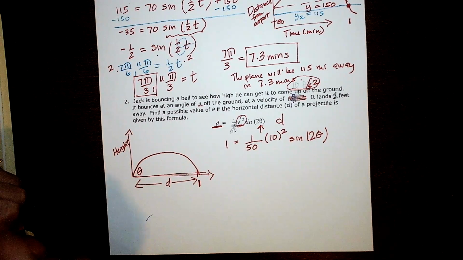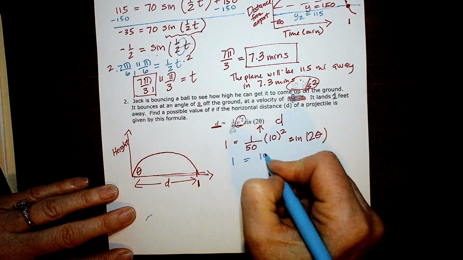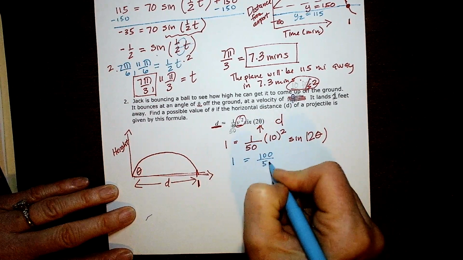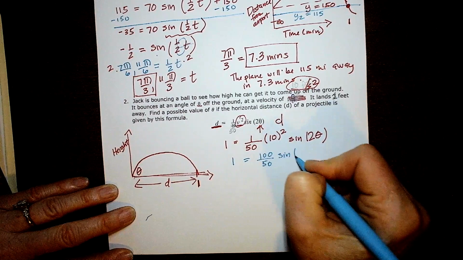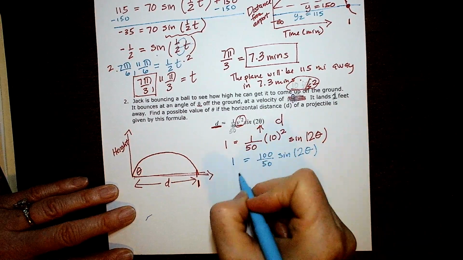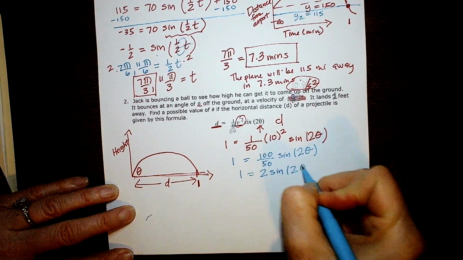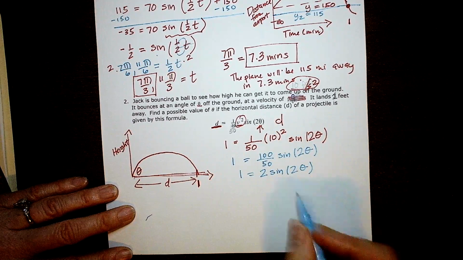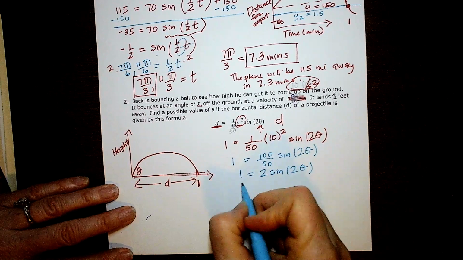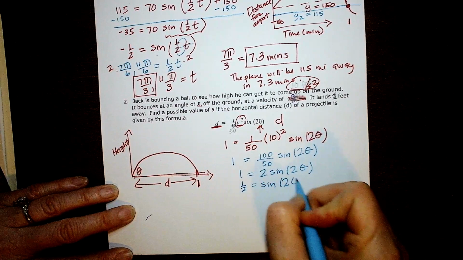So I get 1 equals 100 over 50 times the sine of 2 theta, another multiple angle problem. 1 equals 2 sine 2 theta. And now we're getting into familiar territory. We know how to solve this. Divide by 2, 1/2 equals the sine 2 theta.